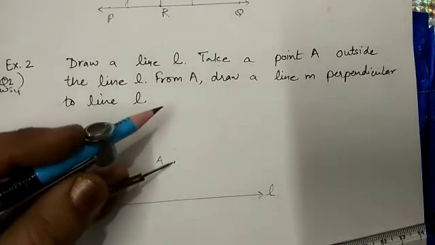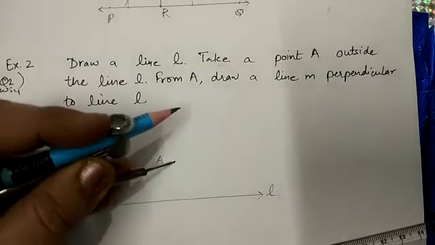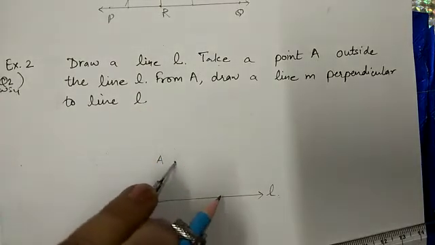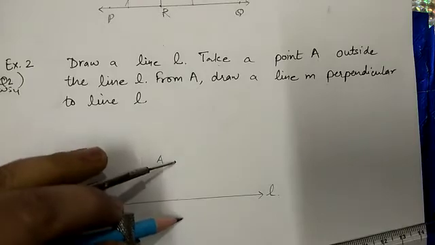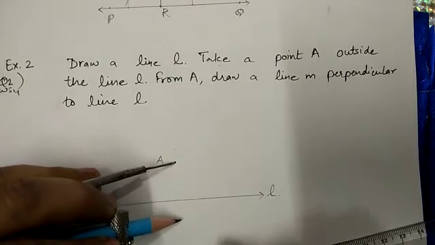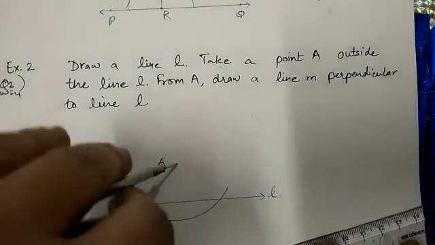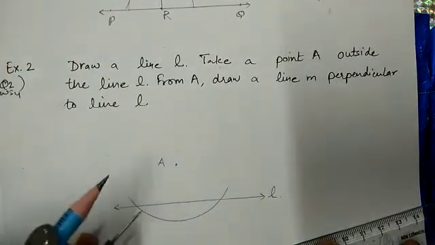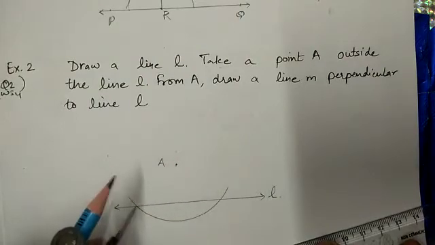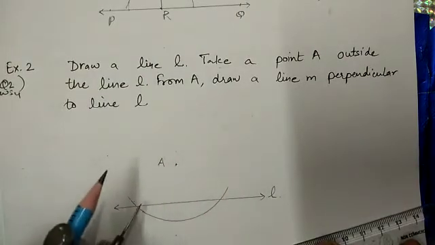How to do this now? Keep your compass on point A and open it in such a way that its radius is more than this segment. That is, if I draw an arc, I could get two intersecting points on this line.